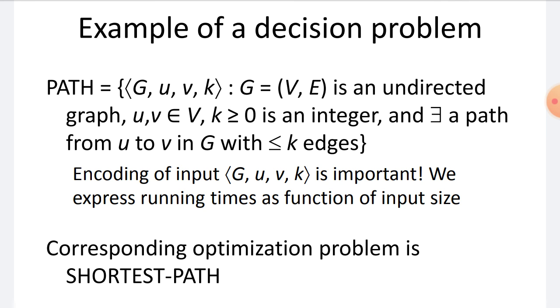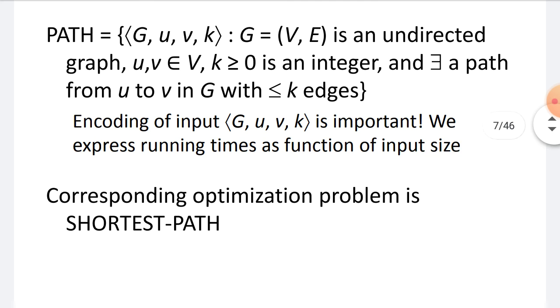The encoding of the input, that is G, U, V, K, is important. We express running time as a function of input size, and the corresponding optimization problem is the shortest path.